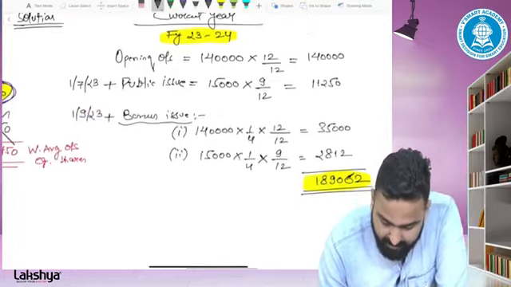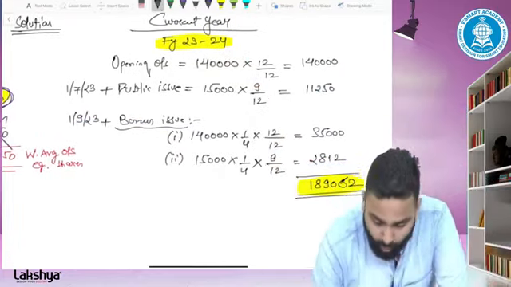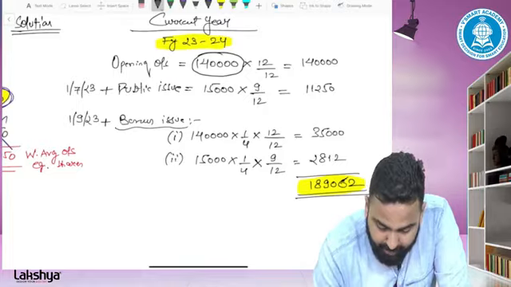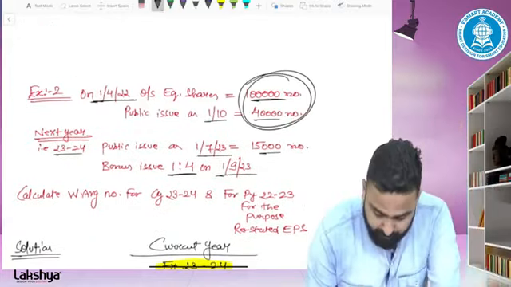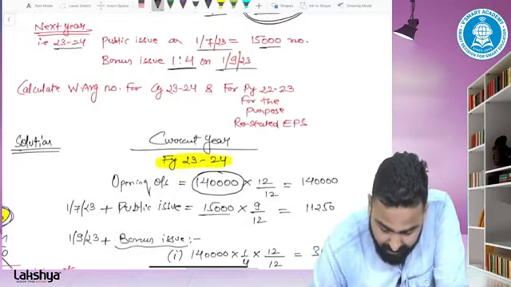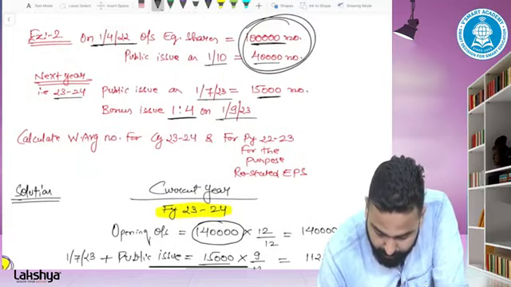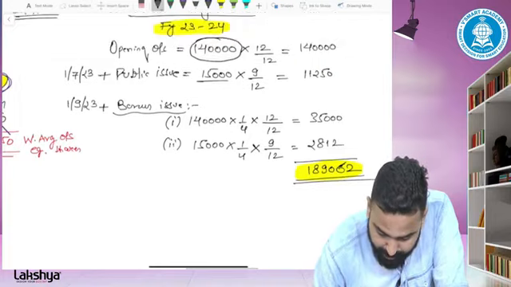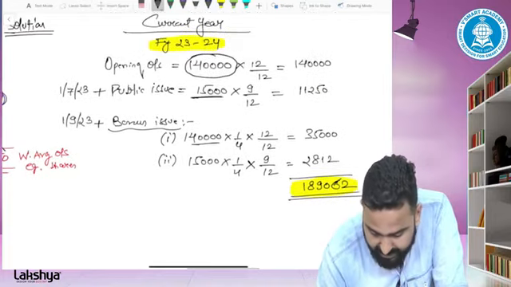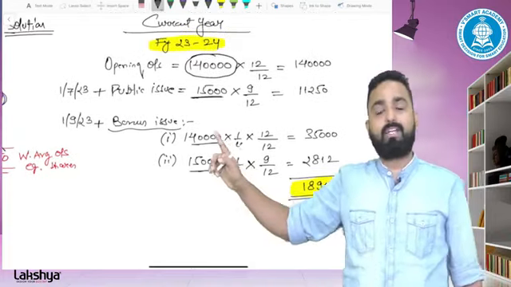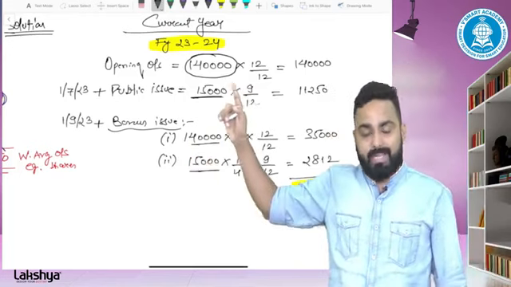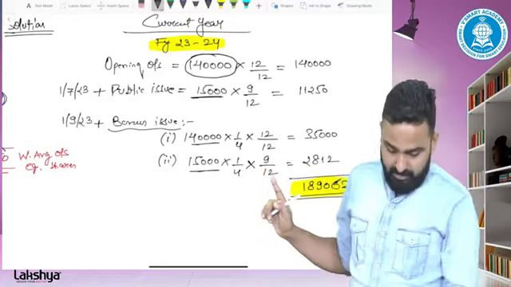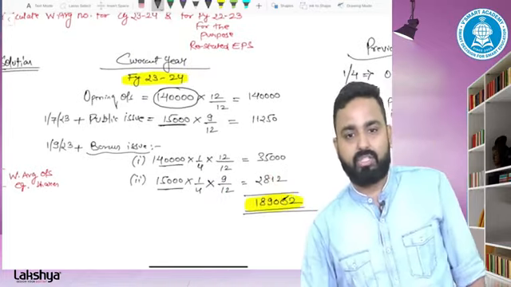So as far as current year working is concerned, your opening is 140 because last year there were 140 shares overall. Public issue of 15,000 on 1st July. Now the bonus part is calculated here: bonus part on opening 12/12, bonus part on current year public issue of 15,000, 9/12. So it is 189,062.